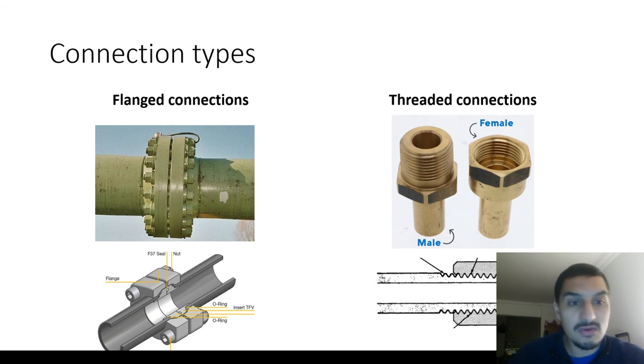The connections out of the gas cylinders, the regulators, and all these things are connected with threading, because in this case the flanges are not going to be easy to deal with. However, flanges are used for big diameters. If you go to industry or any chemical plant, you'll find all the connections taking this shape. No threading is used there, to the best of my knowledge. I haven't seen it before.